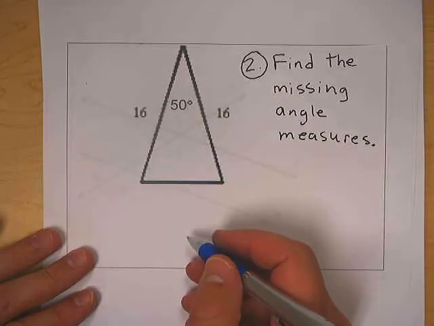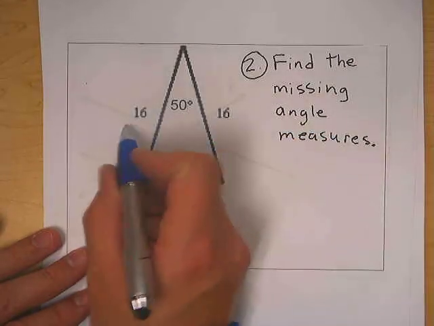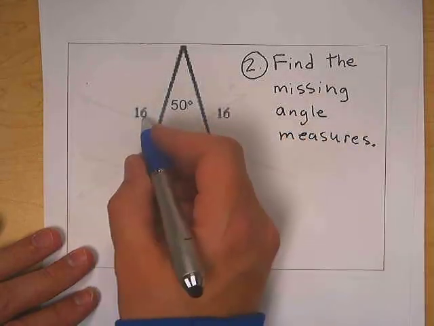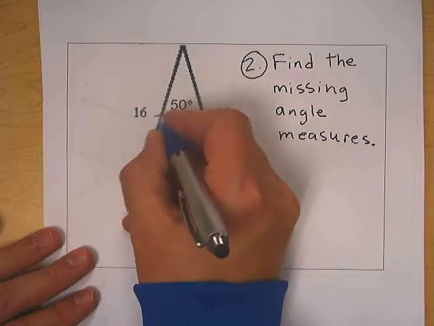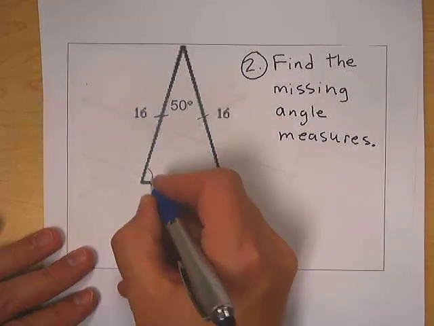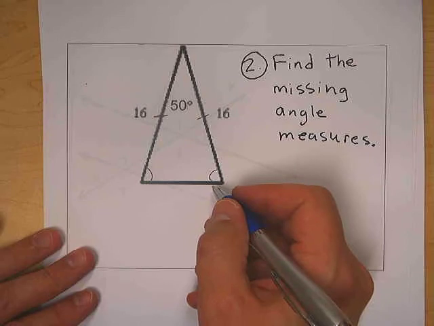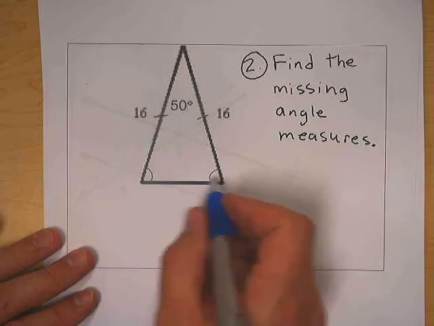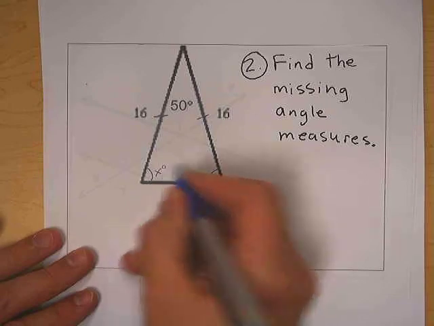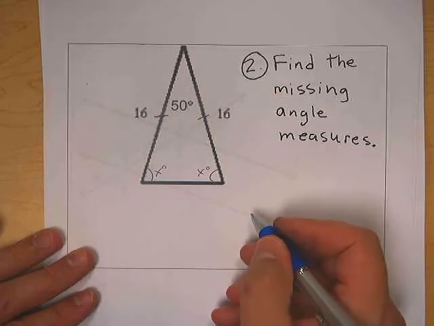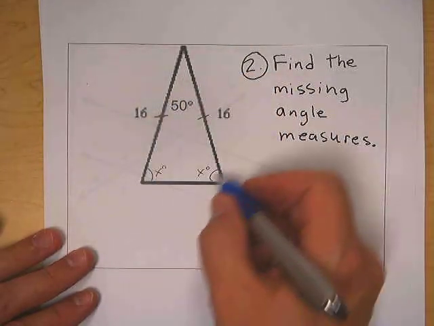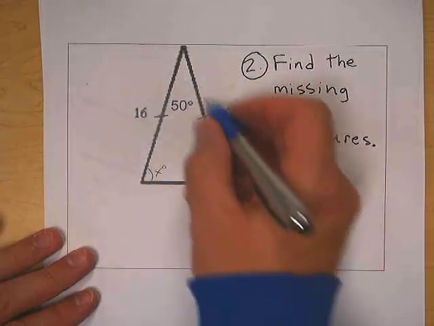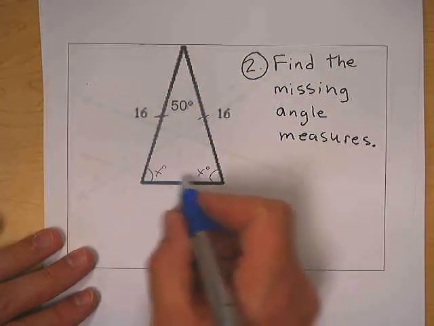We know that this type of triangle must be an isosceles triangle because, as you can see with the 16s, those are the lengths of these sides, so this side is congruent to this side. That means the base angles must be congruent as well. So if I know that these two angles are the same, I can make this an x and make this an x. And I know that angles of a triangle add up to 180 degrees, right?